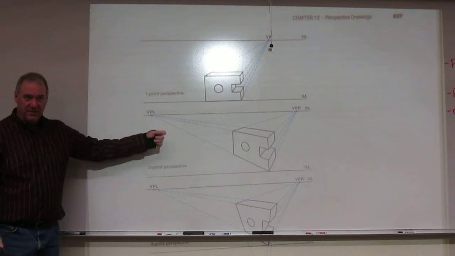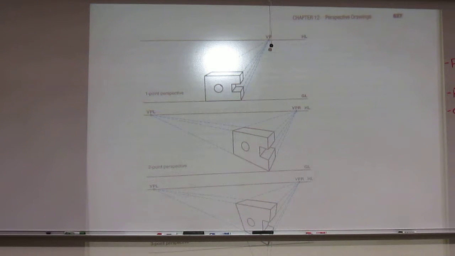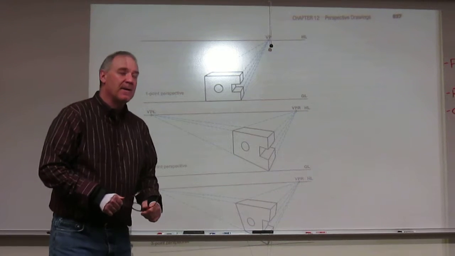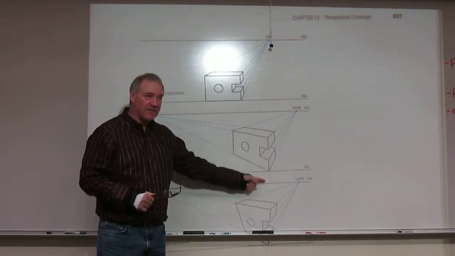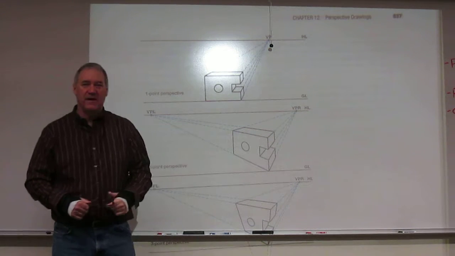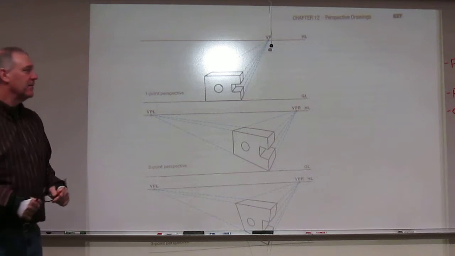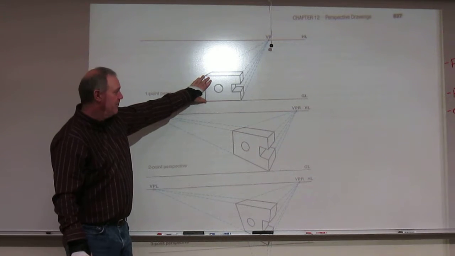The next one's 2-point perspective. Far and away the most widely used concept. On this one, we have 2 planes. Our Y plane doesn't vanish, but our X and Z planes do vanish. You have 2 vanishing points on this one. To compare and contrast, on the previous one the front side's true size and shape.